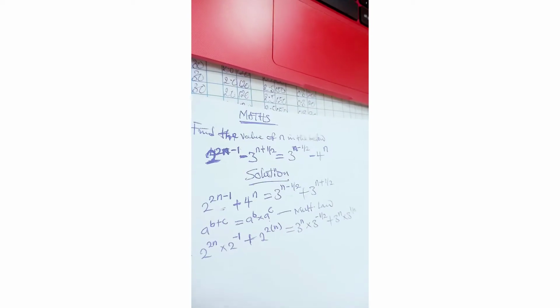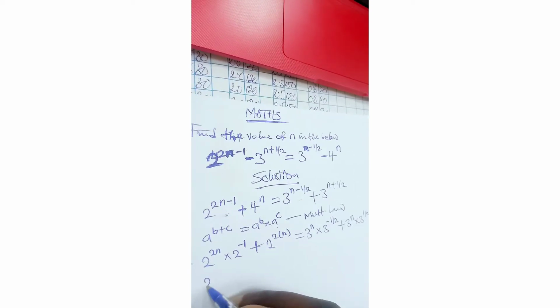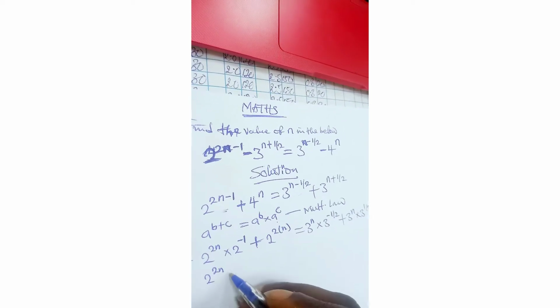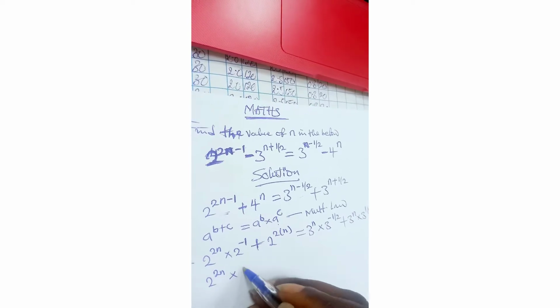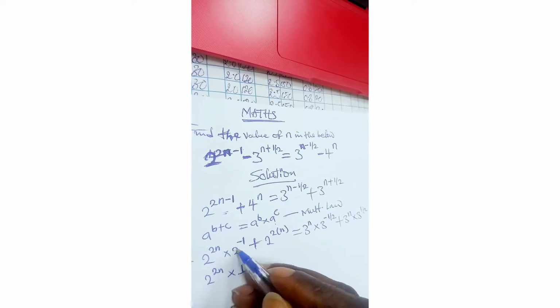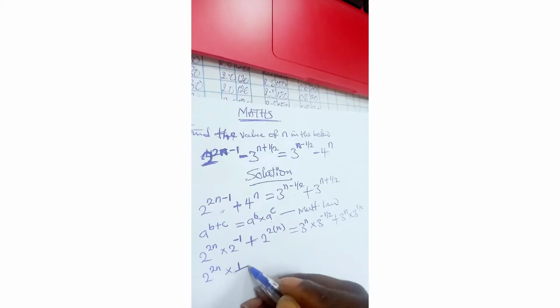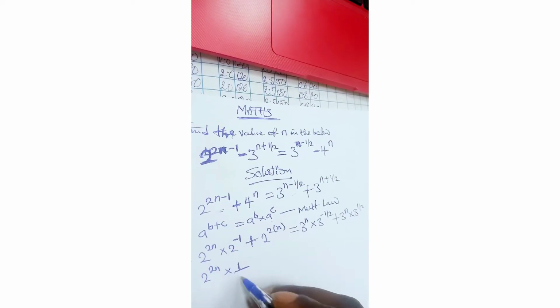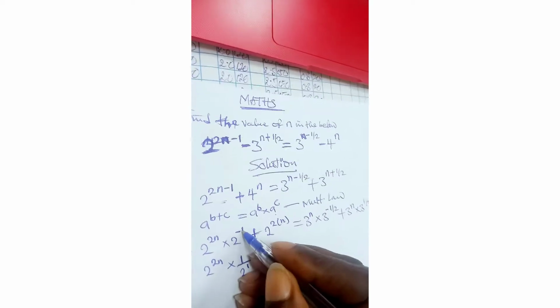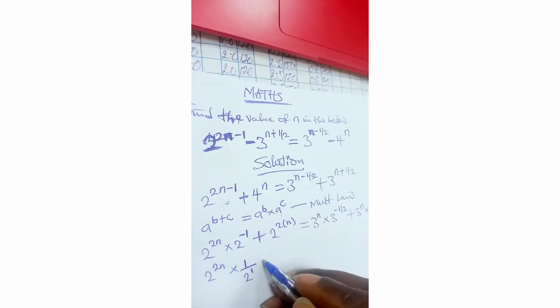Now, this is the same thing as 2 raised to power 2n times 1 over, remember, this minus will change to 1 over, then you have 2 raised to power 1.